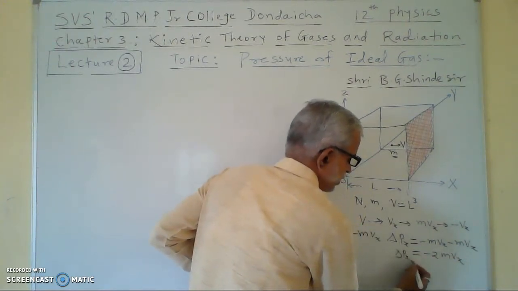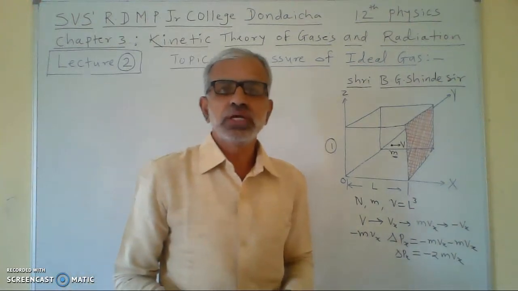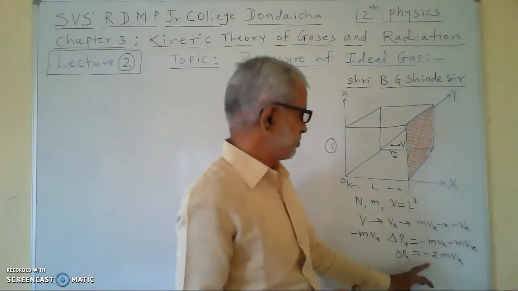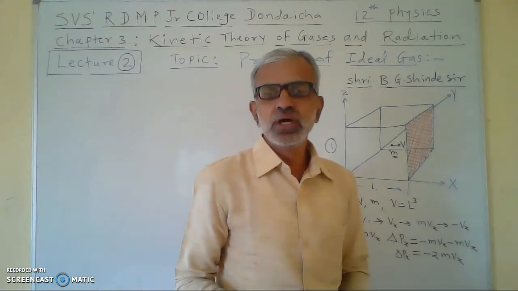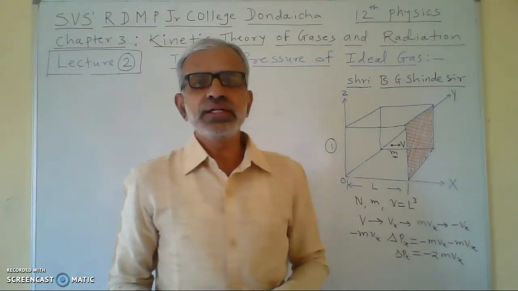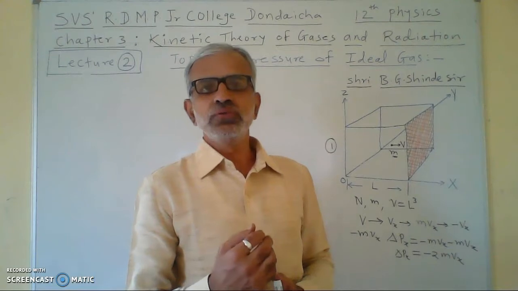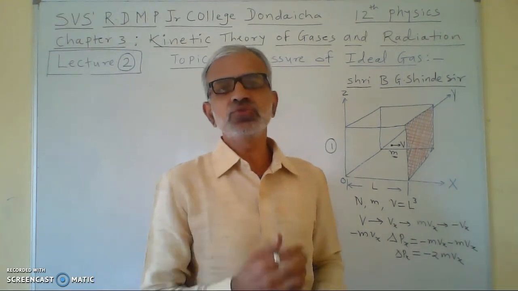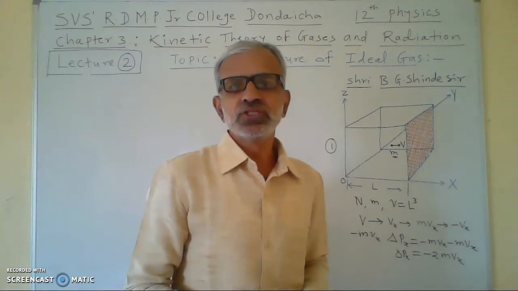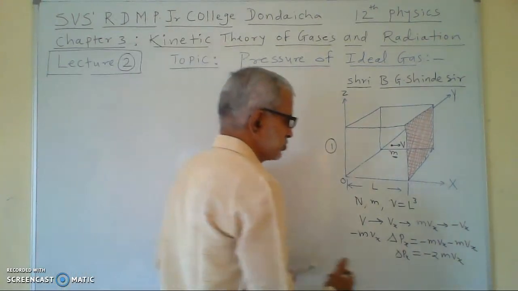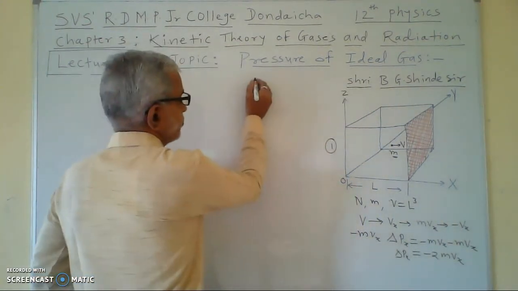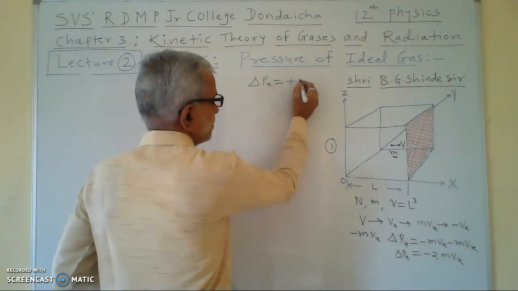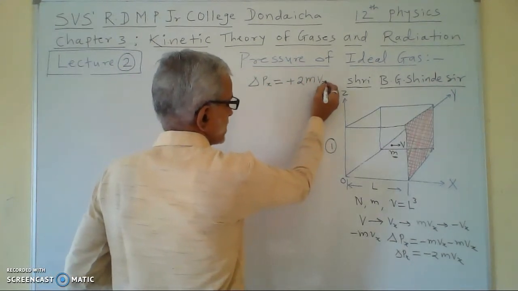So change in momentum of the gas molecule when it collides with the surface will be minus twice m into vx. Now this negative sign indicates that the gas molecule gives momentum to the surface. It gives momentum to that area, and therefore change in momentum of the surface will be plus twice m into vx.